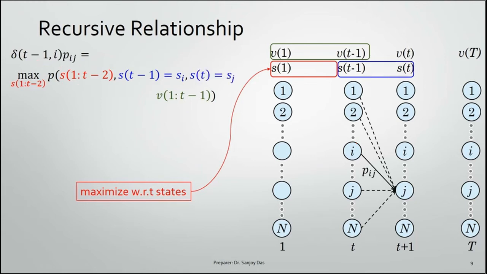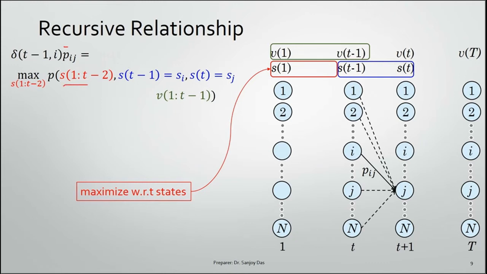Then what happens? So here is delta t-1(i) times Pij. I have multiplied delta t-1(i) with the transition probability Pij. And what was delta t-1(i)?